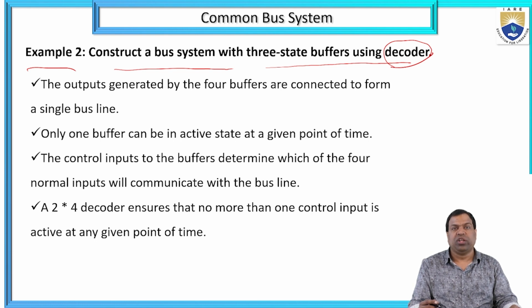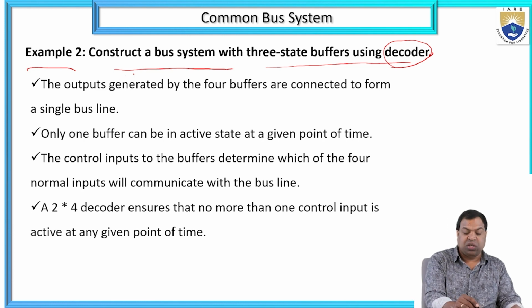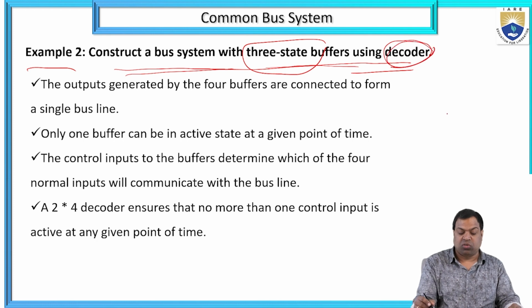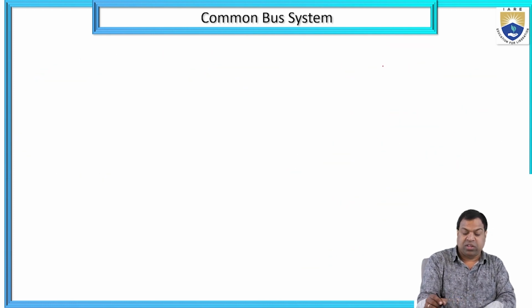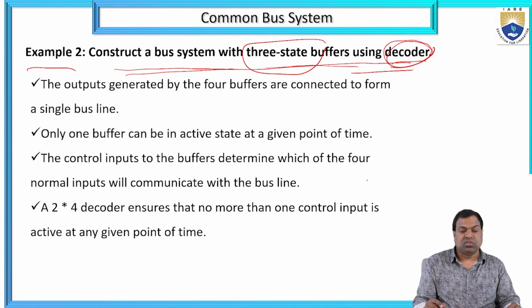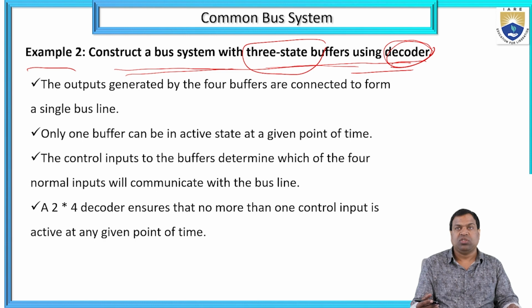A 2 into 4 decoder ensures that no more than one control input is active at any given point of time. So, construct a bus system with three-state buffer using decoder. Previously it was a three-state buffer; here I am using a decoder.